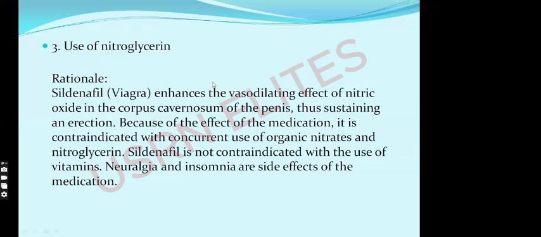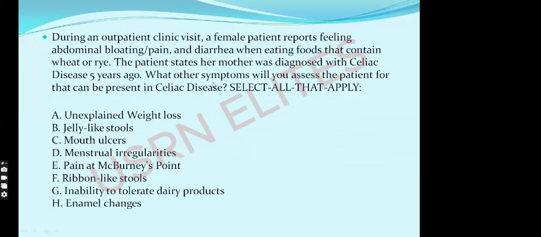Let us look at another question quickly. So we will deal with the select-all-that-apply questions very well, very soon, but let us try this one. We've talked about celiac disease. During an outpatient client visit, a female patient reports feeling abdominal bloating, pain and diarrhea when eating foods that contain wheat or rye.